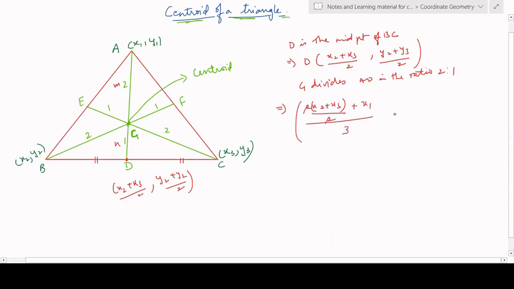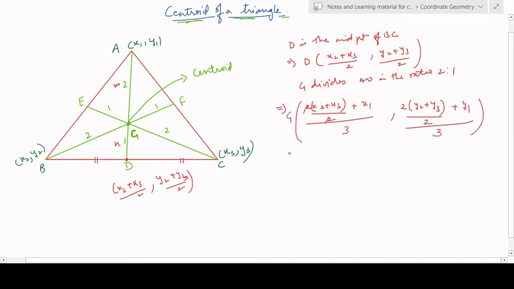2 cancels out. In a similar manner, 2 times y2 plus y3 over 2, whole, plus 1 times y1, over m plus n, that makes it 3.